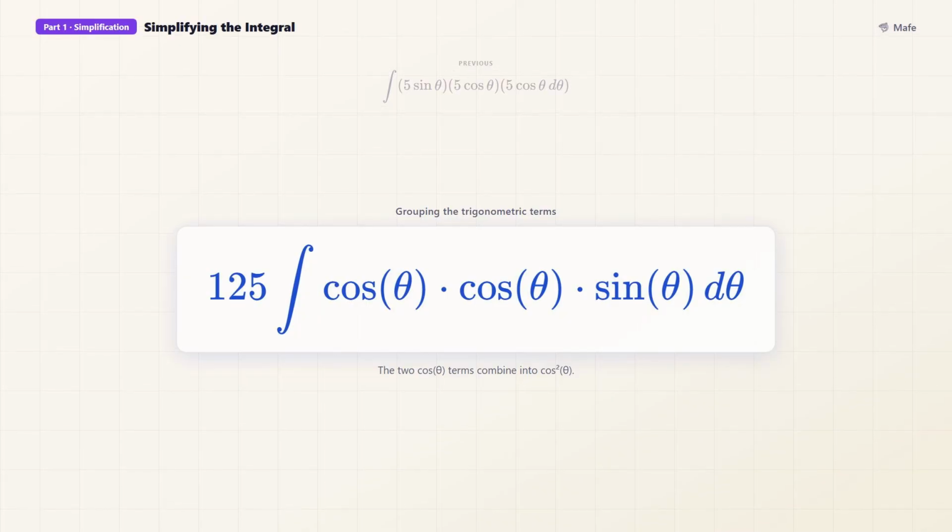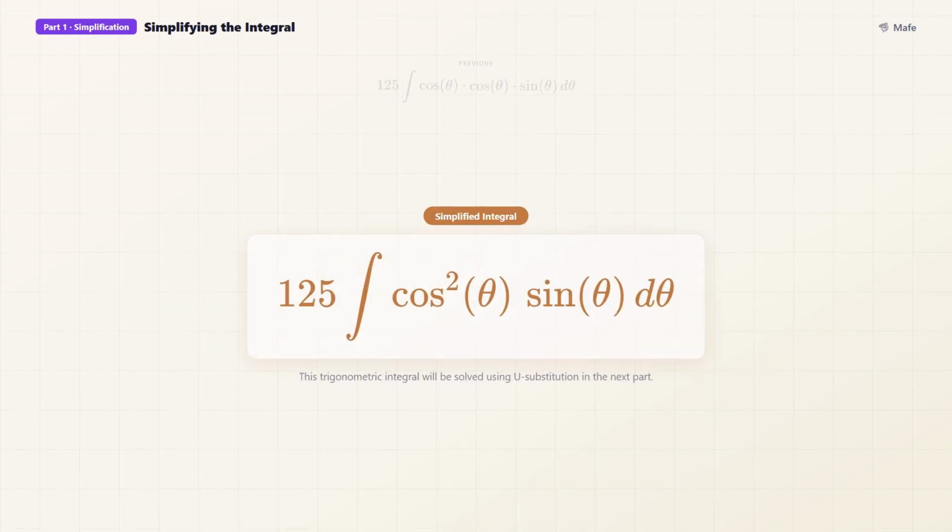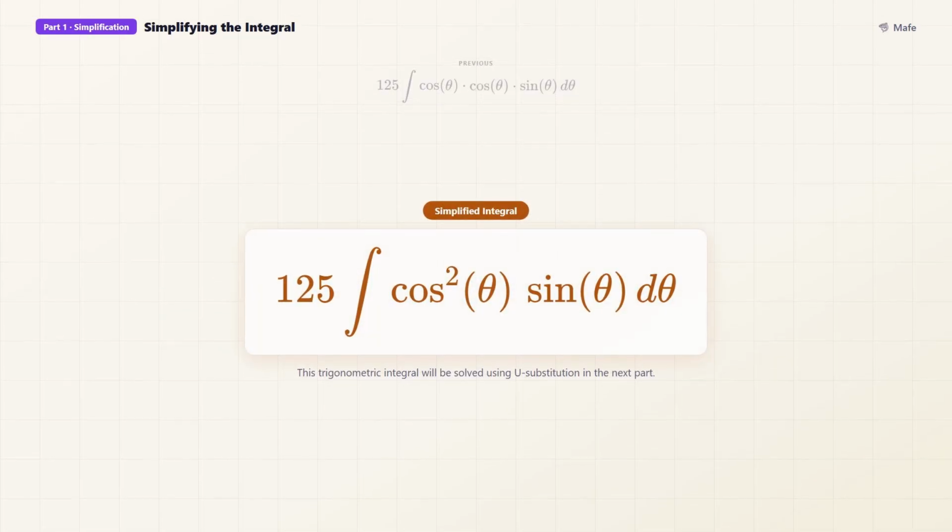We now have two cosine theta terms which combine into cosine squared theta. The integral simplifies to 125 times the integral of cosine squared theta times sine theta d theta.